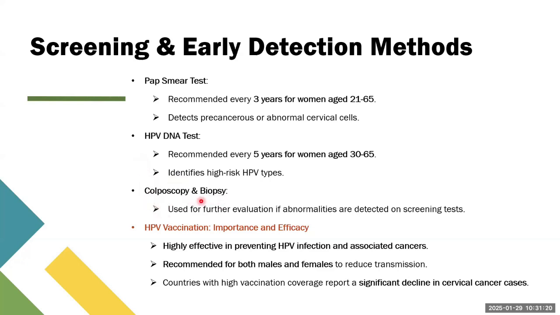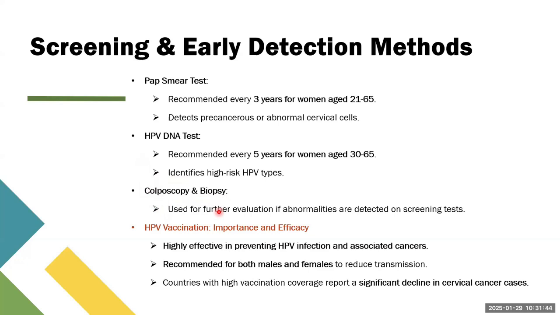So usually these two are reserved for advanced disease such as advanced or large tumors, or a tumor that has grown significantly and there is an apparent lesion or wound on the cervix showing significant change in the appearance of the cervix.